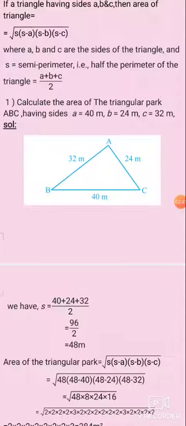Now 8, 2 into 2 into 2. Then 24, 2 into 2, 4, 4 into 2, 8, 8 into 3 what? 24. Then 16, 2 into 2, 4, 4 into 2, 8, 8 into 2 what? 16. So we prime factorize each of those numbers 48, 8, 24 and 16.